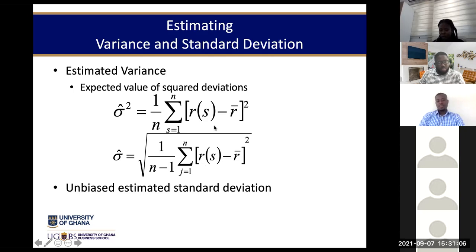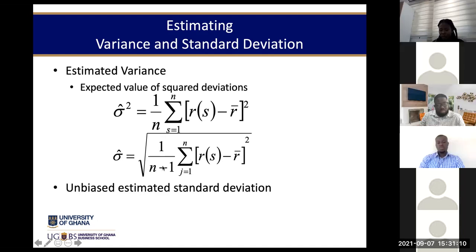And there's another difference. We divide by n minus 1. Okay, why do we divide by n minus 1? I don't want to go too much into statistics, but it's to adjust for what we call the degrees of freedom, i.e., the expected return itself is estimated.